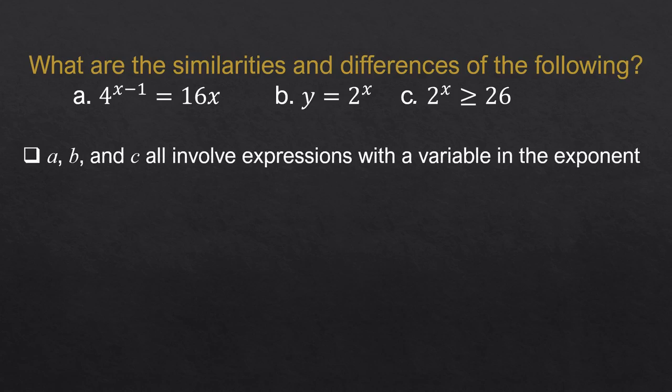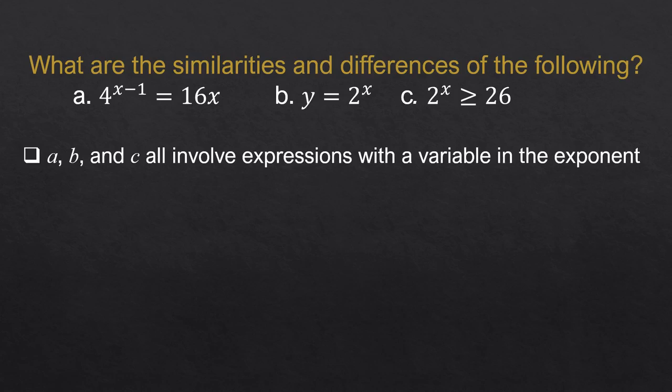One, we can say that A, B, and C all involve expressions with a variable in the exponent. In letter A, as you can see, the variable x on the left side is an exponent.